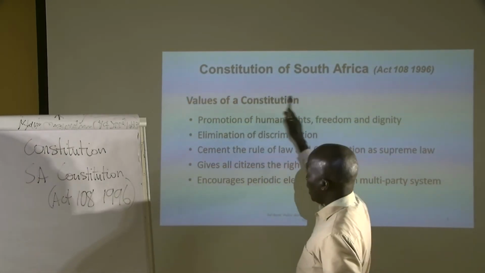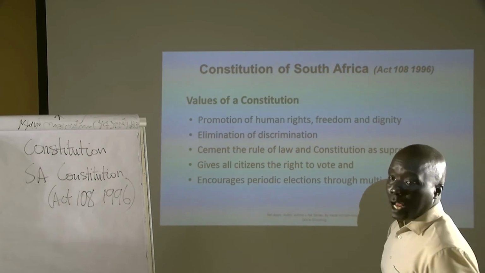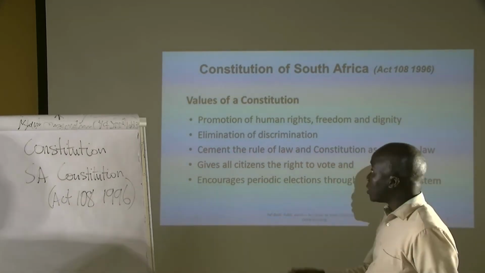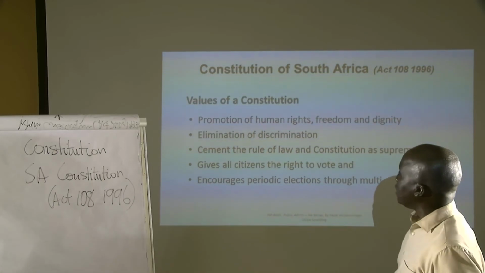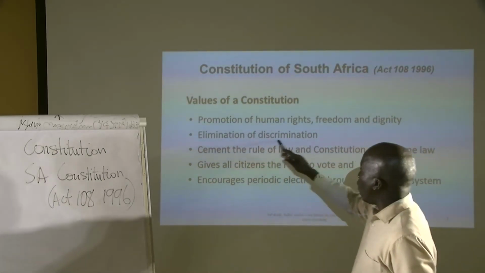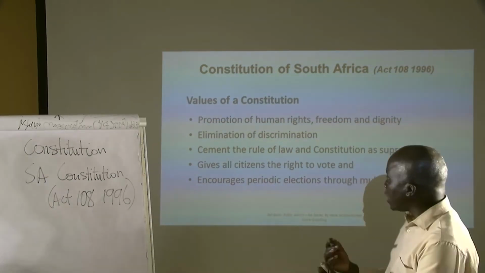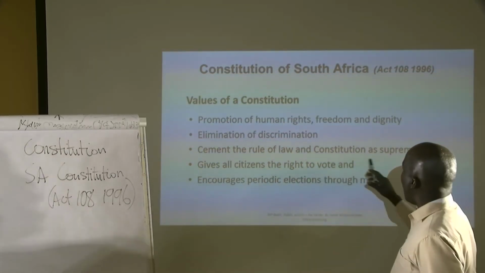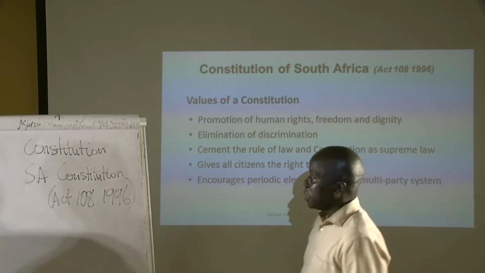Any constitution of a country has specific values which it is supposed to bring about. A constitution promotes human rights, freedom and dignity, and the elimination of discrimination, and it strengthens the rule of law, with the Constitution as the supreme law on top.